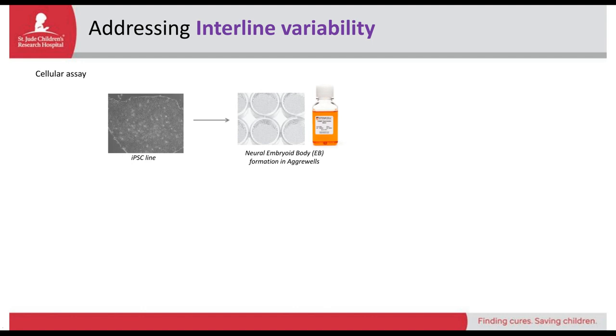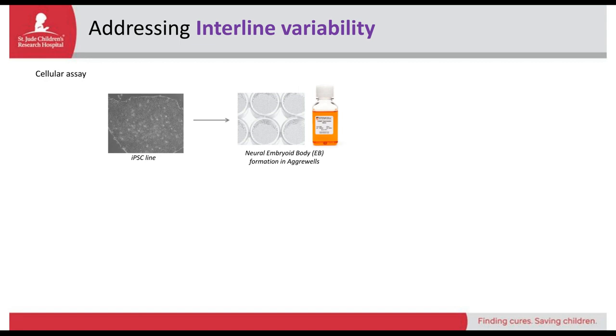The assay that we do most commonly or routinely in my lab is a cellular assay, because our goal is neurological disease modeling, and therefore neural differentiation. We do a rosette formation assay where we take iPS lines and we aggregate them in these AggreWells to form embryoid bodies in this neural induction media from STEMCELL Technologies.